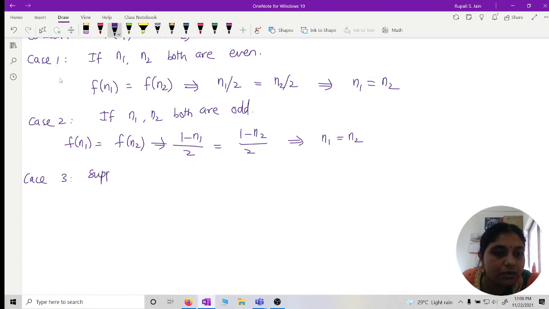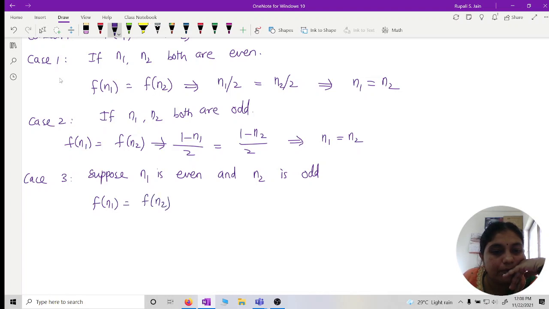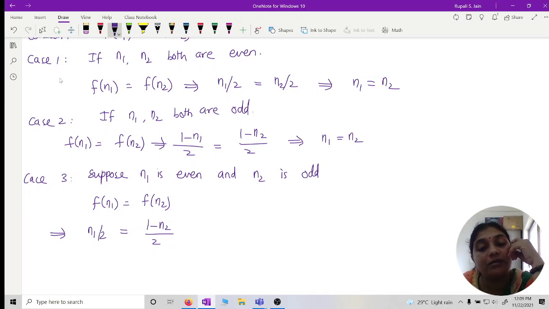Suppose n1 is even and n2 is odd, then n1 by 2 is equal to 1 minus n2 by 2. It won't give, no?